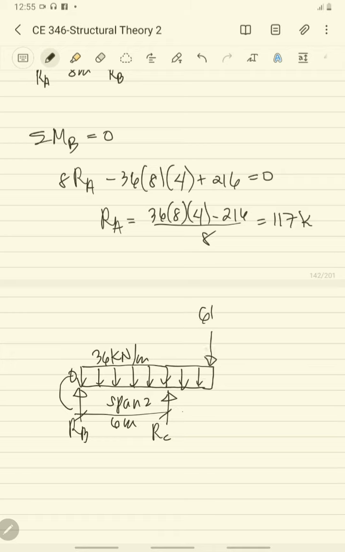So you have here 6 kilonewton and the span is 2 meters.